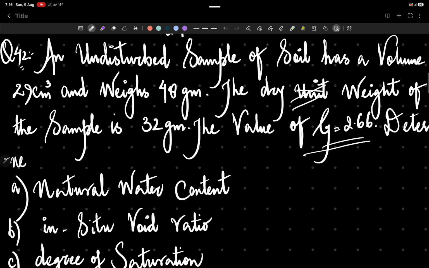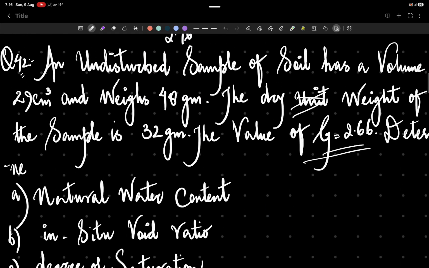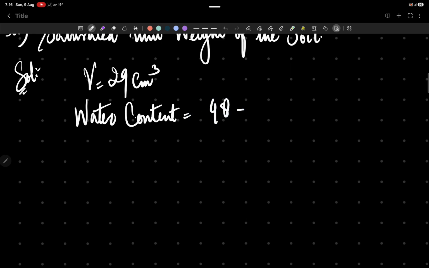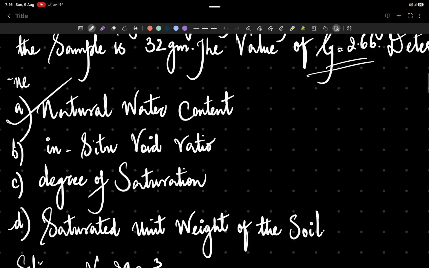All right, so the mass of the soil before drying is 48 and after drying it is 32 grams. So I'll be finding the water content first. Water content is mass before drying, that is how much? 48 grams. Mass after drying, 32 grams, divided by 32, so it is equal to 50%. Water content is 50%. So we have found the natural water content, which is 50%.